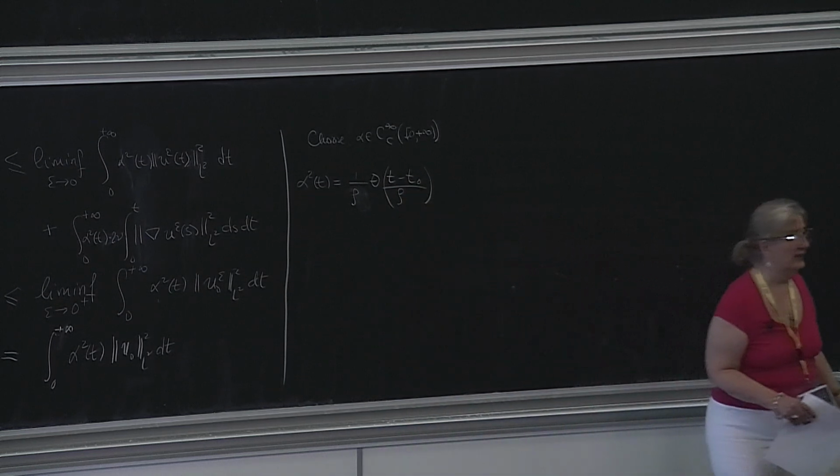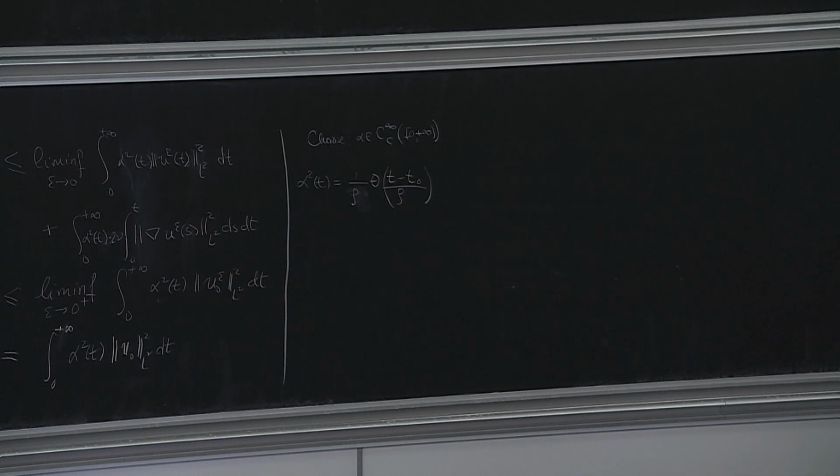I'm running out of Greek letters here. So it's going to be an approximate delta at t naught.